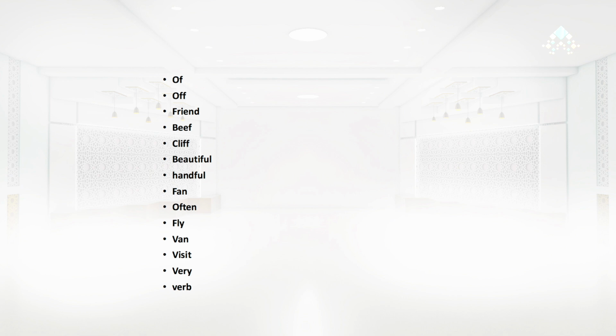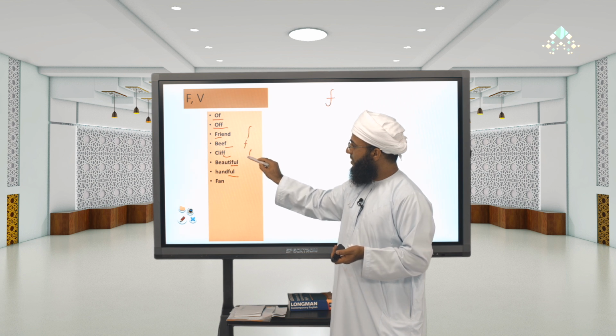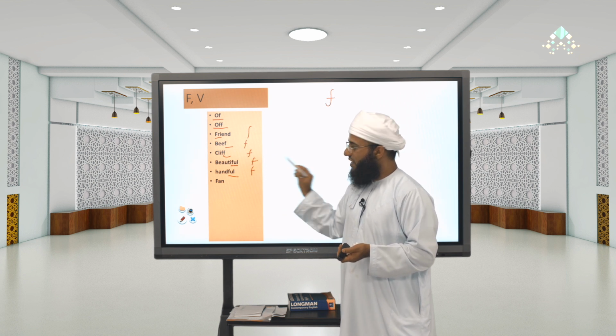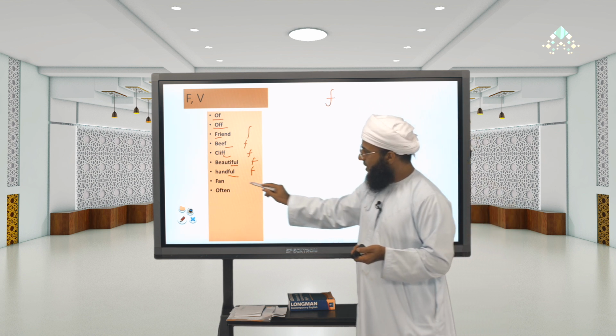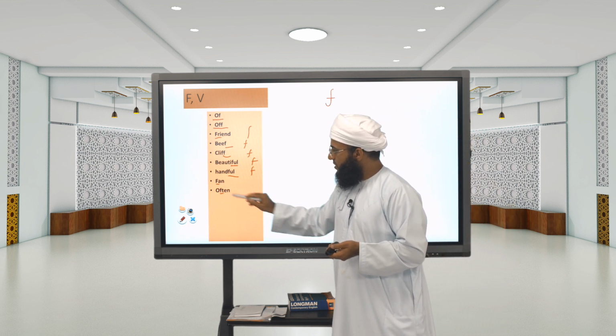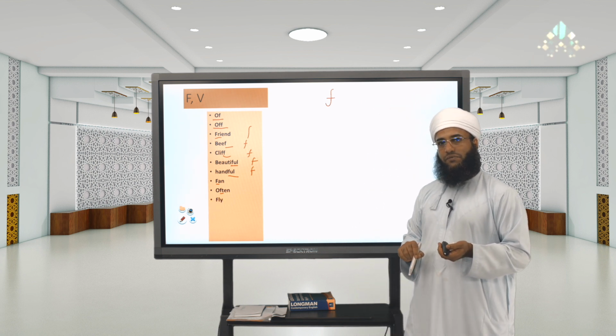So when it comes at the end, is it going to change? No. Look at this. Beautiful, right? Hand, full, the fa sound. So all of these have the fa sound, right? How about here? Fan. How about here? Often.